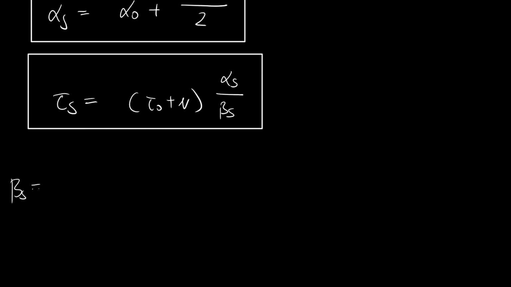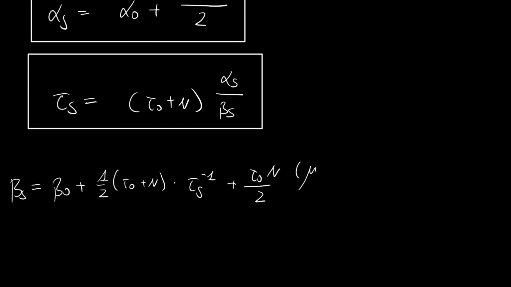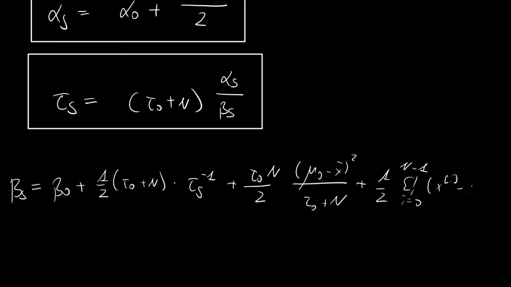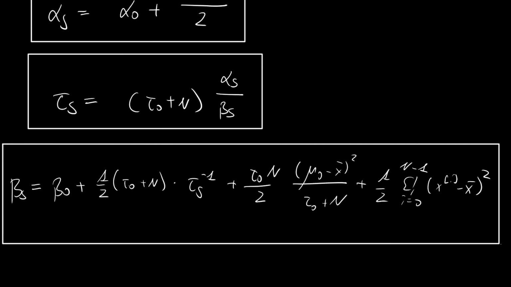And beta s was the lengthy formula that is beta 0 plus 1 over 2 times tau 0 plus n times tau s inverse plus tau 0 n over 2 times mu 0 minus x bar in brackets squared over tau 0 plus n. Then plus 1/2 times the summation from i equals 0 to capital N minus 1 over xi minus x bar in brackets squared. And then this is our last finding here.